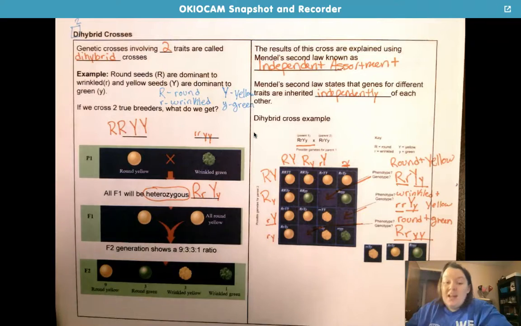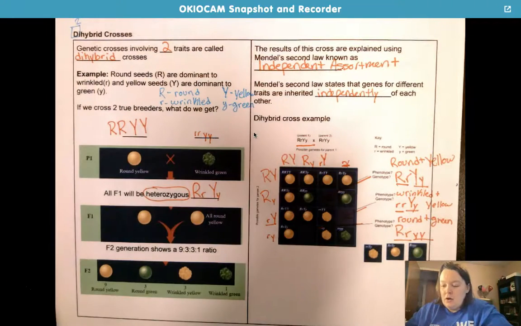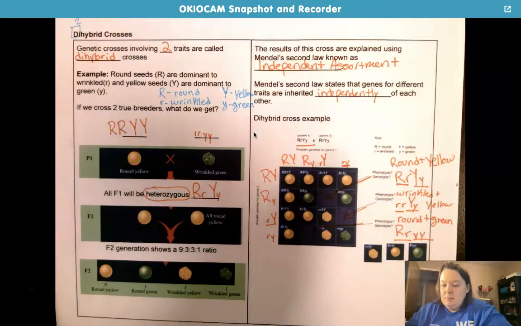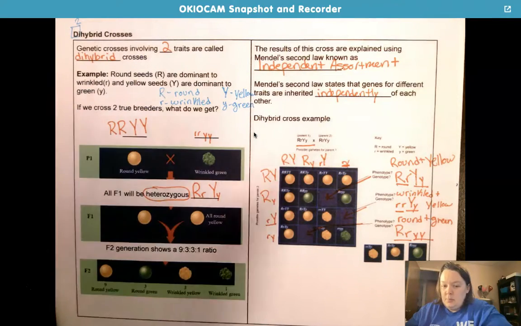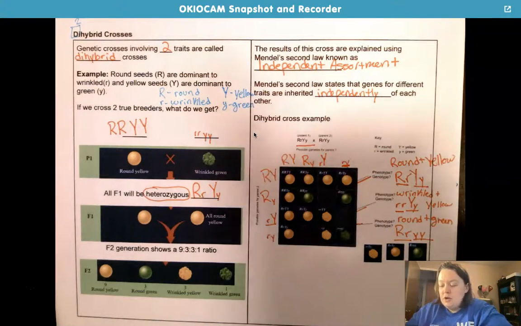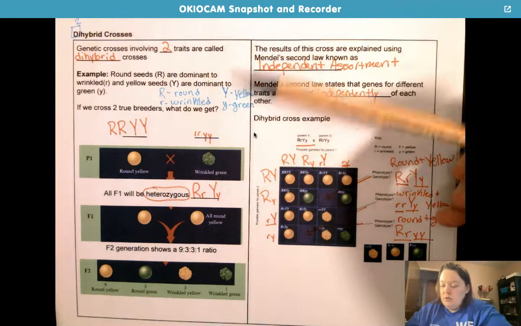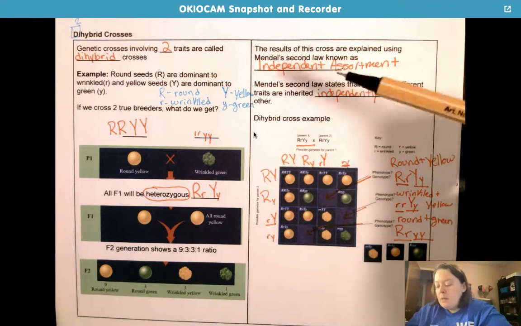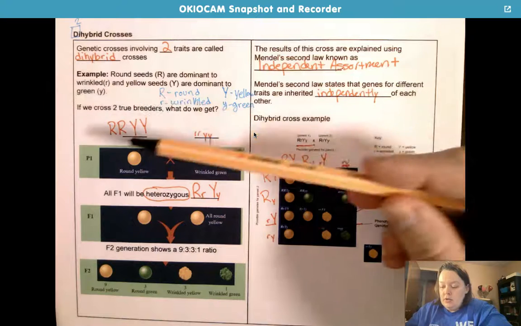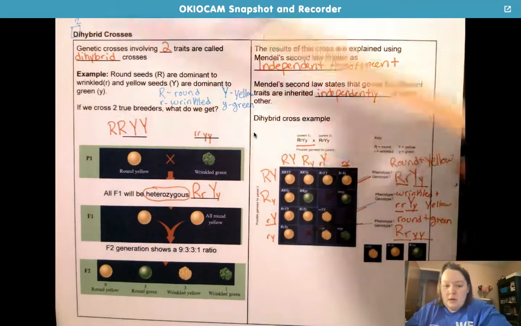So remember, every organism has two letters for every trait because they are diploid. Two copies of every trait. So they have two letters for seed shape and two letters for seed color. So in this case, they're going to look like two letter R's and two letter Y's.